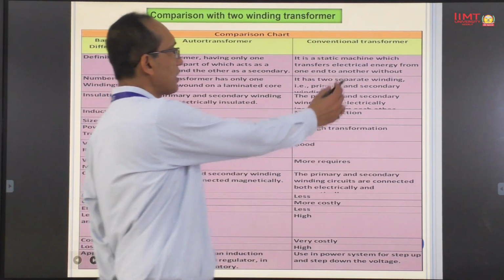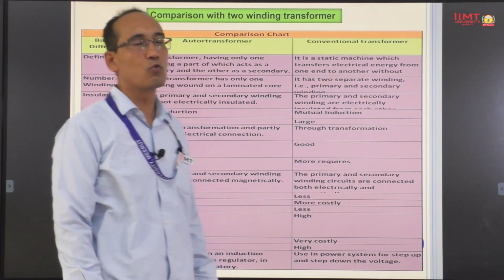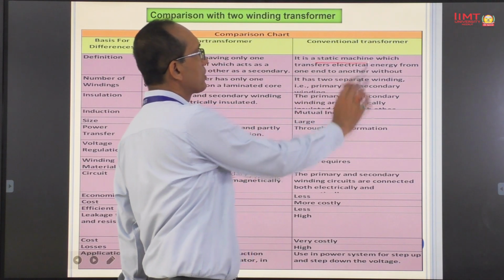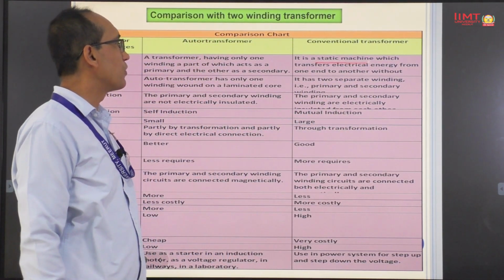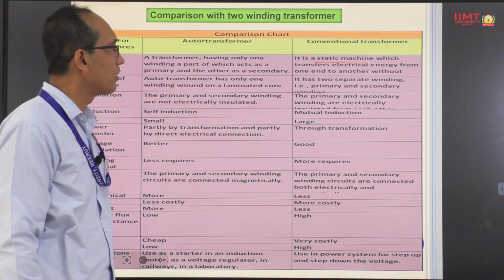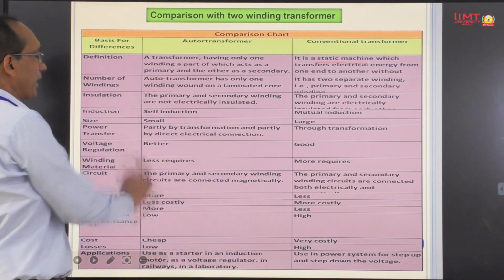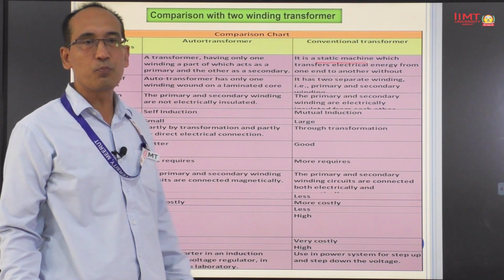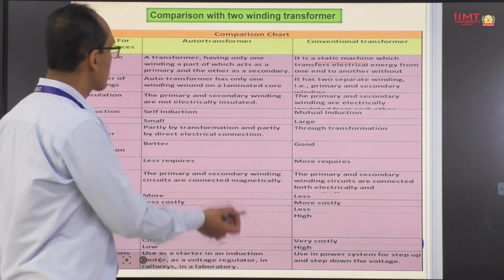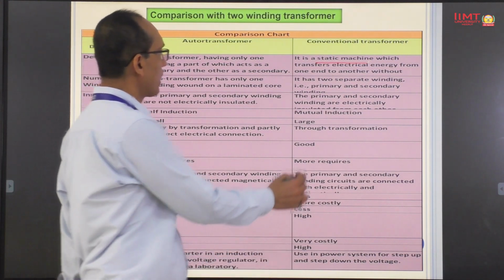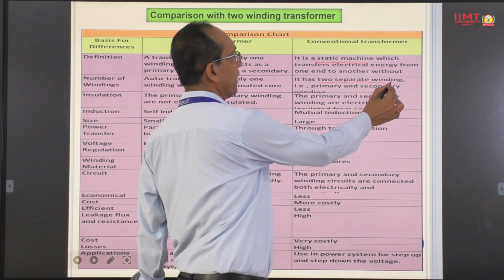But the conventional transformer, or we can say two winding transformer, is a static machine which transforms electrical energy from one end to another end. Second, number of windings. In case of auto transformer we are using a single winding system here, but in two winding transformer we have two separate windings.